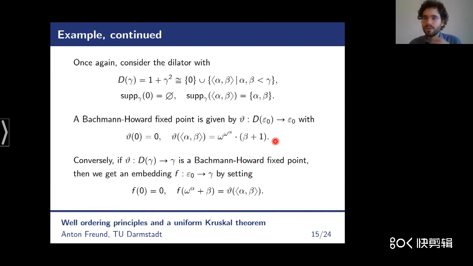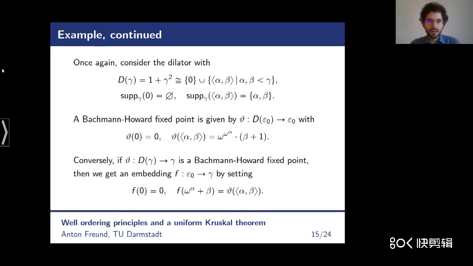We saw this simultaneous inductive definition of terms and then order on terms and so on. And I think that's quite a bit more complicated than this simple sum here. So 1 plus gamma squared, just a single point, and then pairs below a given object. That's a relatively simple object. And that out of this relatively simple transformation D here, we can pull out this complicated ordinal epsilon 0 as fixed point. I think that's quite nice.